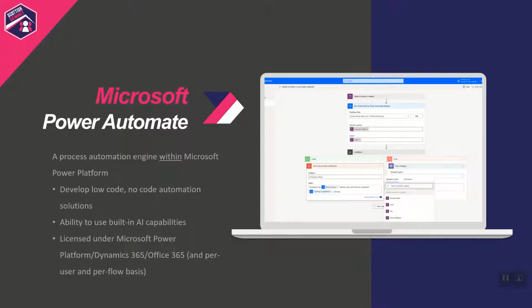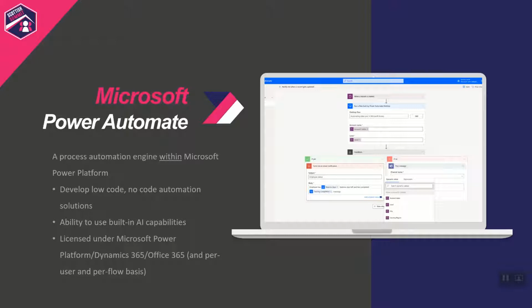First of all, let's have a look at the three main products and services that we will be discussing today during the presentation. The first one will be Microsoft Power Automate. Some of you may have used Microsoft Power Automate before. Some of you may have used Azure Logic Apps. It's good to know the differences and the similarities between these two products.